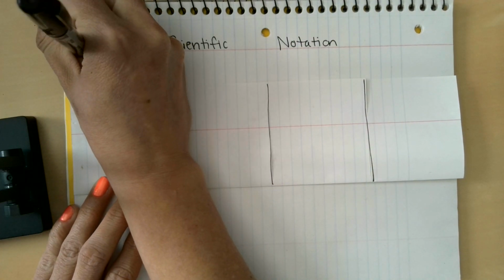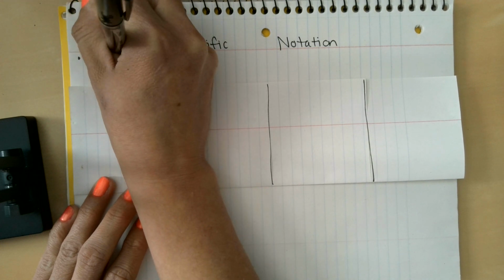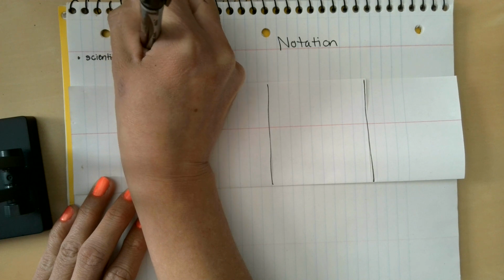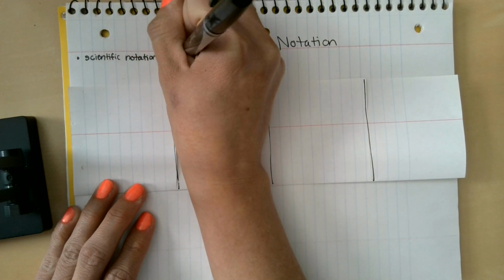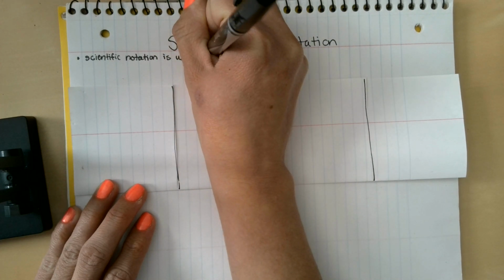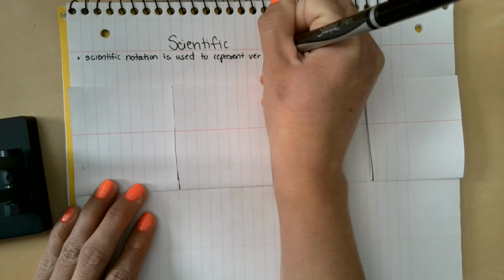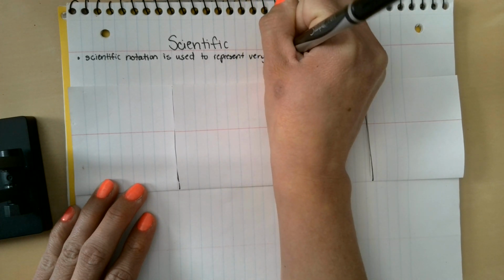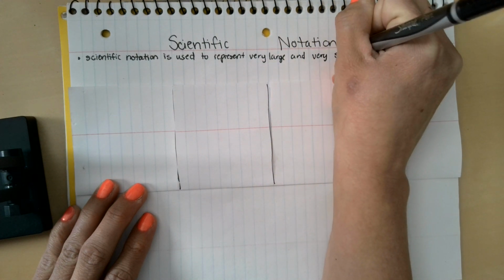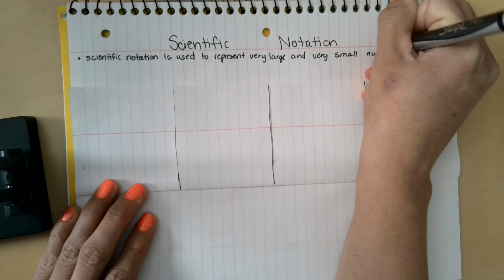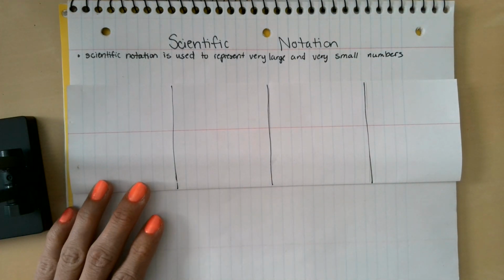We know that scientific notation is used to represent very large and very small numbers. Okay, so we're going to add that to the top here so we have the definition.